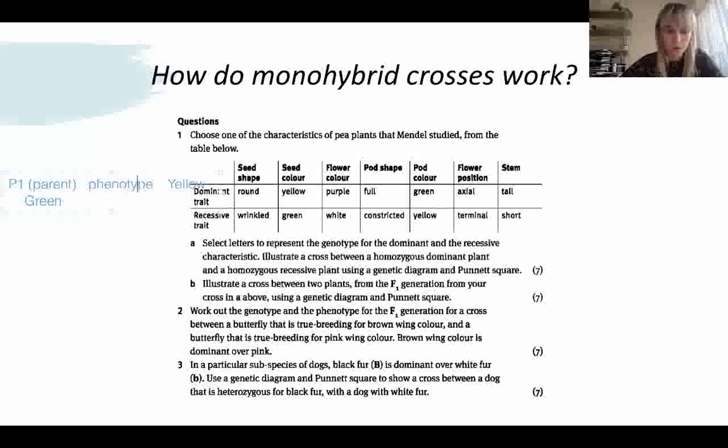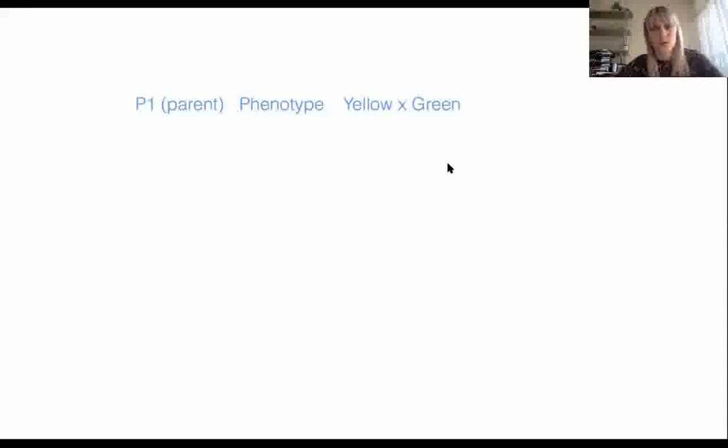Sorry guys, I switched over to whiteboard and just finished up to where I talked to you last. So we're going to carry on now. We chose phenotype yellow-green. So the genotype that we chose is capital Y times small y.